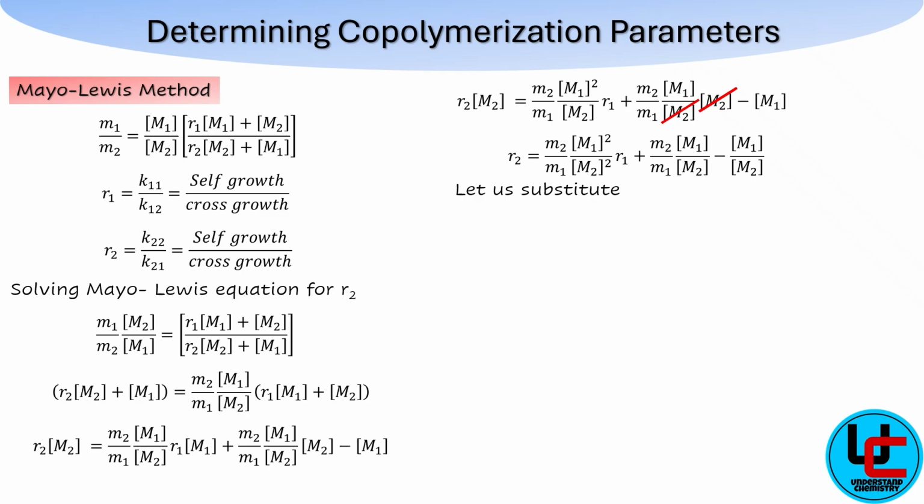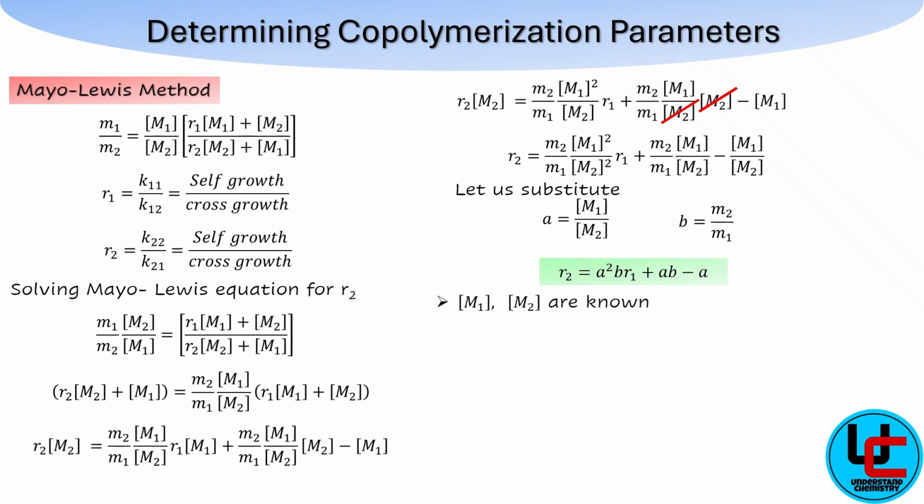To simplify, let us use the notation A and B, where A is equal to the ratio of capital M1 over M2 and B is equal to small m2 over small m1, and the final expression becomes R2 is equal to A squared B R1 plus AB minus A. This final expression allows us to calculate R2 using known monomer concentrations and experimentally determined copolymer compositions.